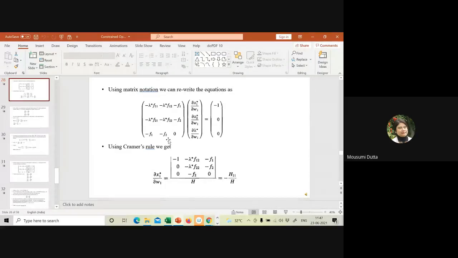ফরগেট অ্যাবাউট দ্য সাইন, ঠিক আছে, সরি নোটেশনাল ম্যাটার্স। তুমি জাস্ট ক্রেমার্স রুল দিয়ে you find out the value for del x2 star by del w1 using the Cramer's rule, that is substituting -100 in the second column.